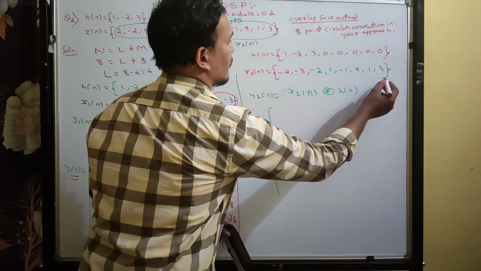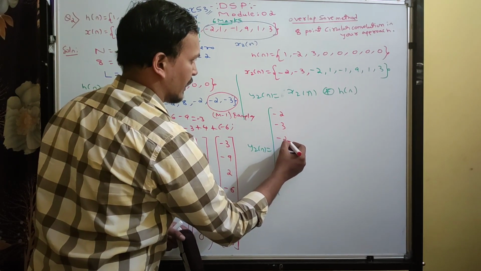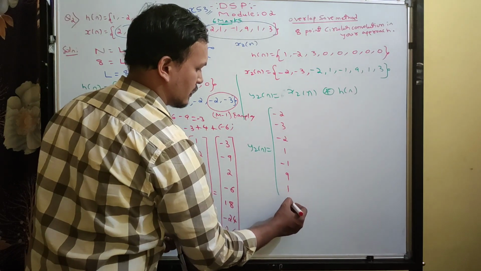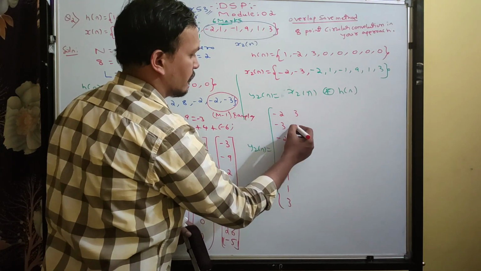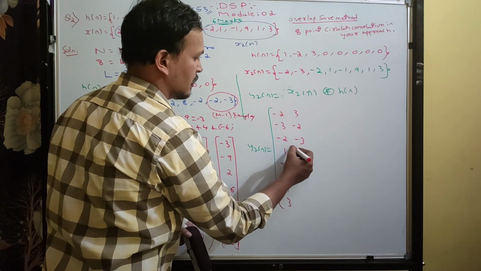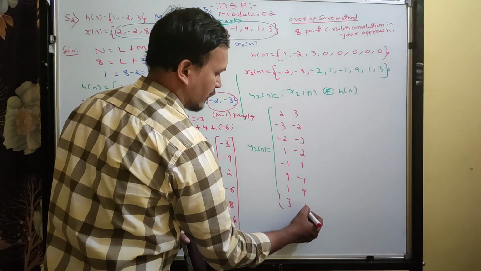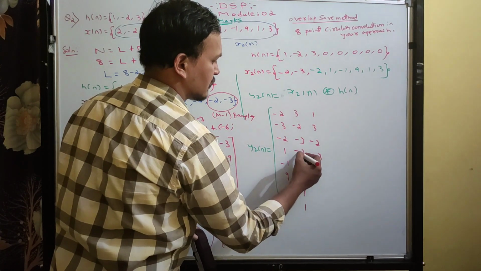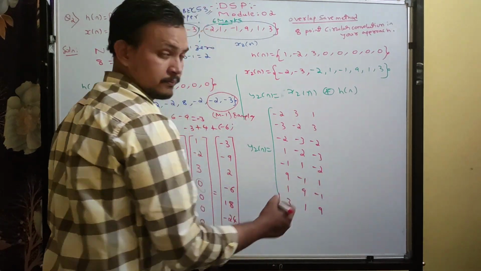Next, write everything in vertical. Minus 2, minus 3, minus 2, 1, minus 1, 9, 1 and 3. Now take this 3 and write it here. Then minus 2, minus 3, minus 2, 1, minus 1, 9, 1. Take this one here: 3, minus 2, minus 3, minus 2, 1, minus 1, 9.